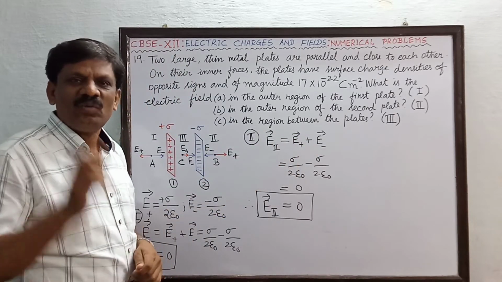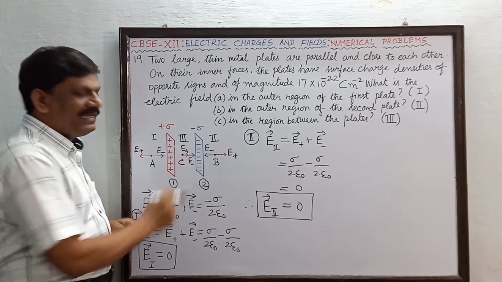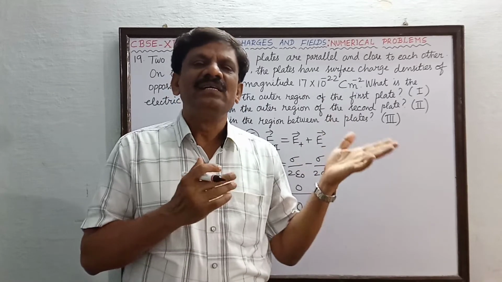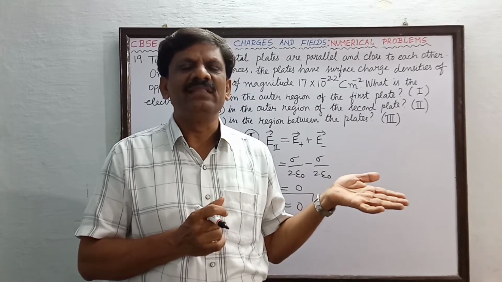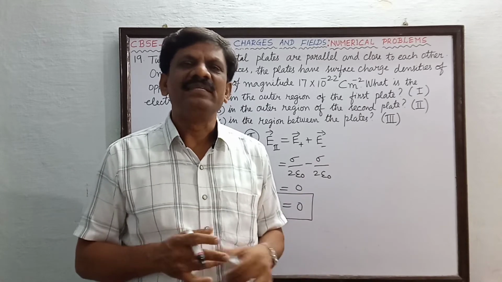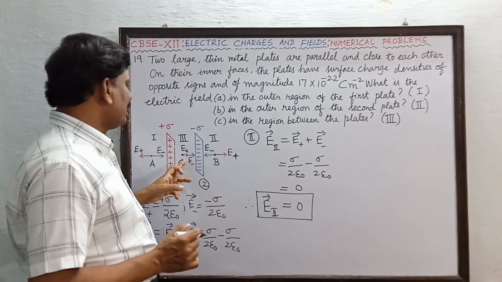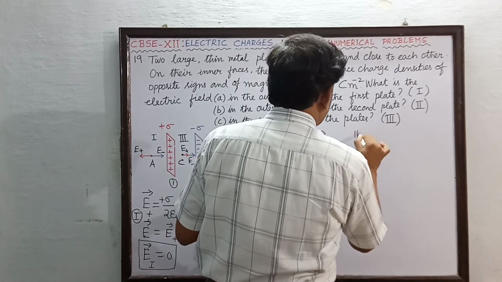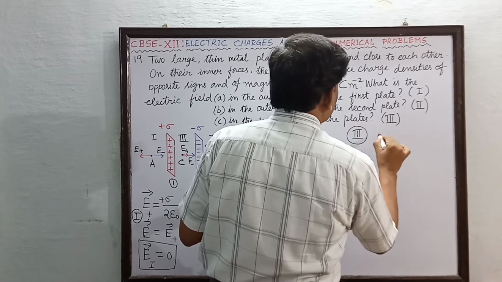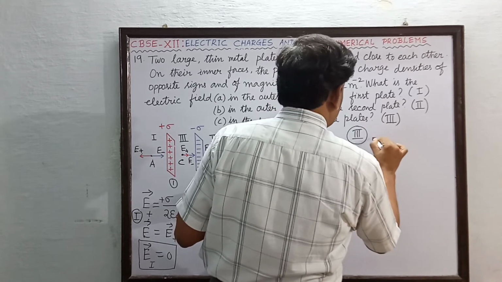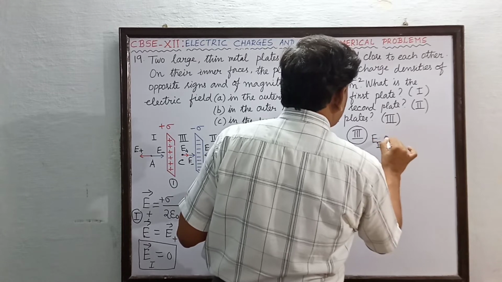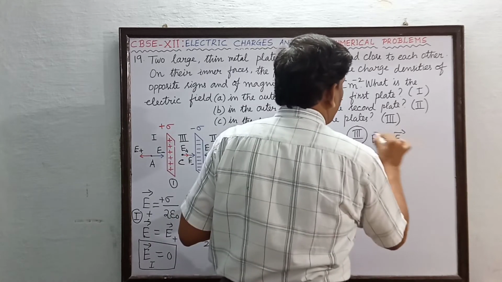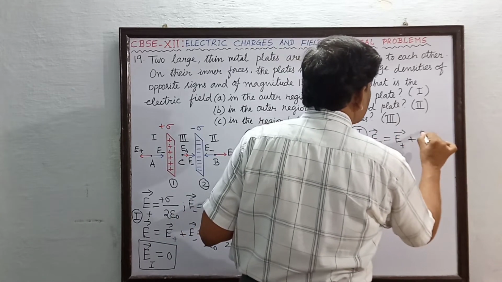Is it not? So both E plus as well as E minus are acting in the same direction and they have the same magnitude. Understood? So this time you can take the third region, E3 is equal to E plus vector plus E minus vector.